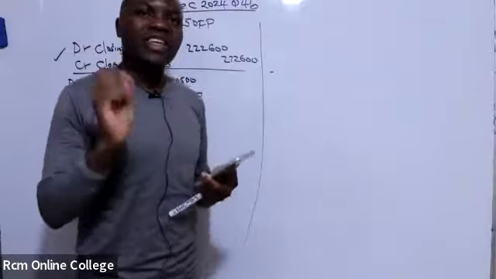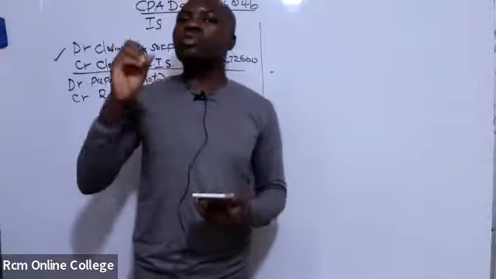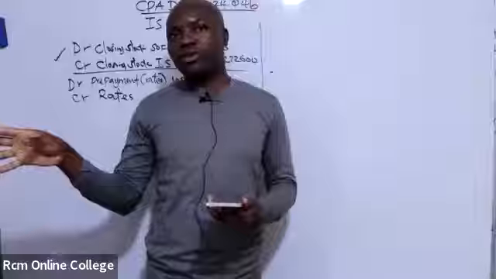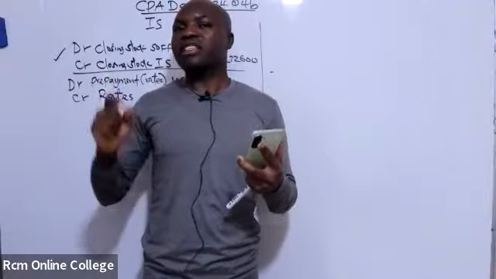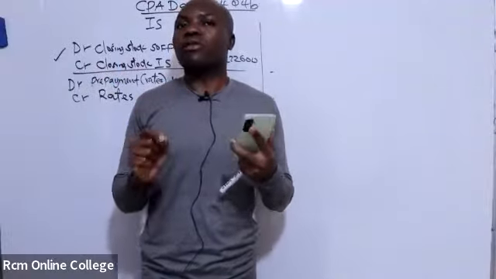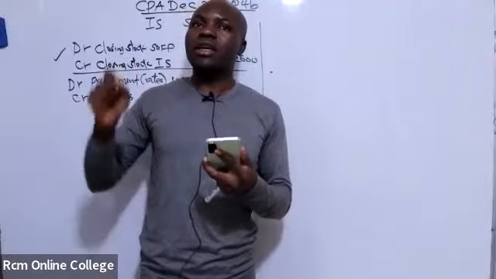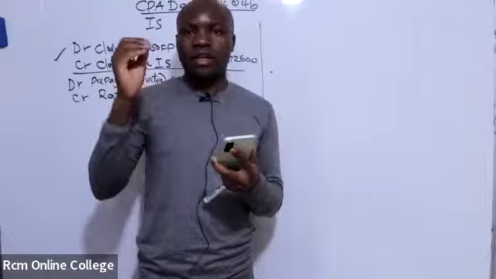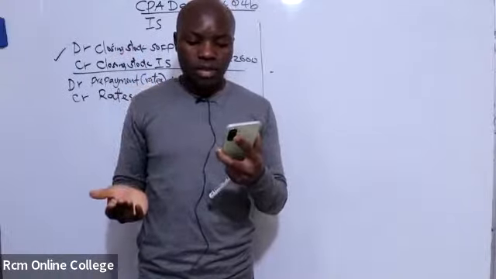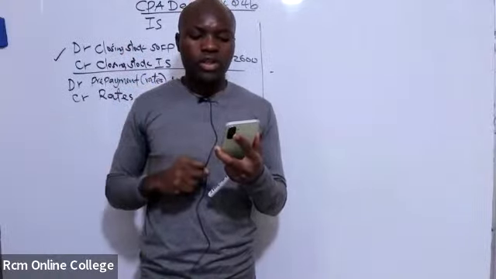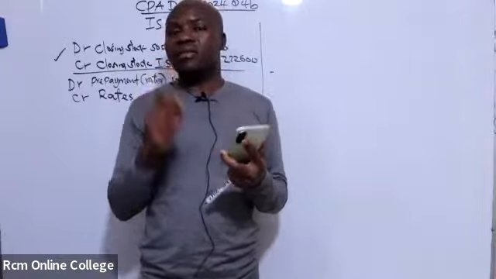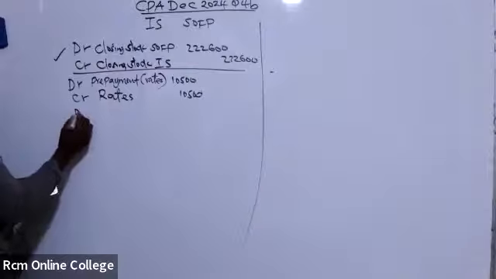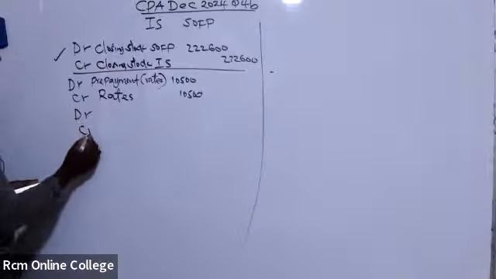Any expense that has been incurred but not paid for automatically goes to the liability account. So when we talk about outstanding electricity expense which has not been paid, then it means we're talking about a liability. So we are going to debit one account and credit another account.